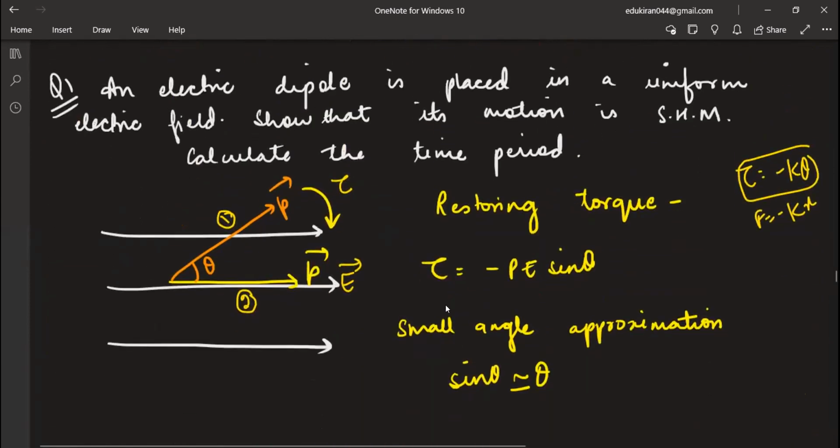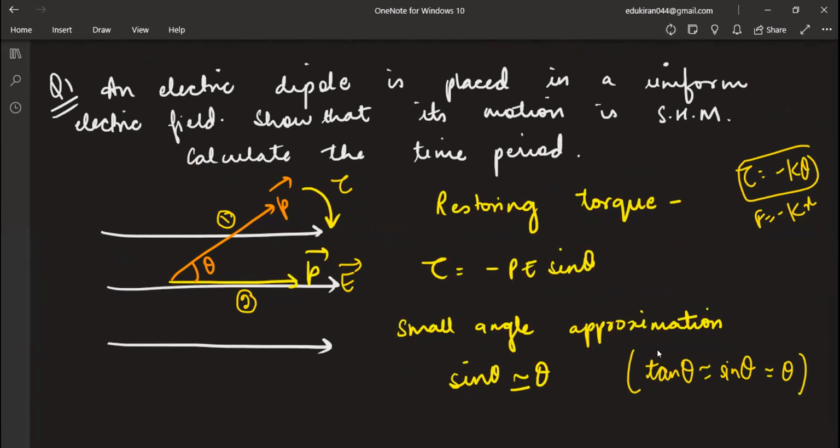Now class, there's a small angle approximation which says that sine theta and tan theta almost become equal to theta. This is the small angle approximation.